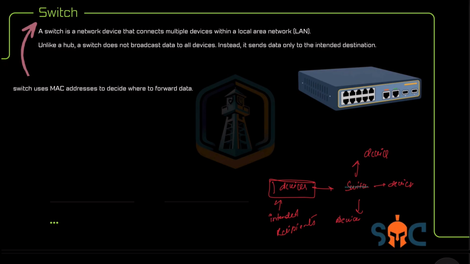Unlike the hub, it will not broadcast the message to all the devices. Rather, it will send the message only to the intended recipient, that is this particular device. A switch uses MAC addresses to decide where to forward data.